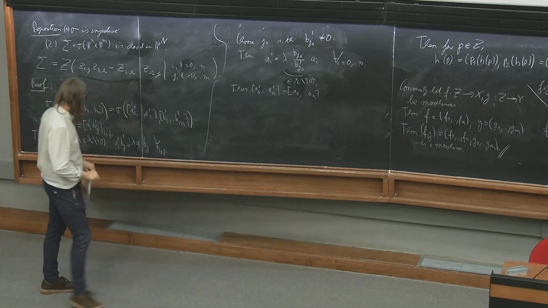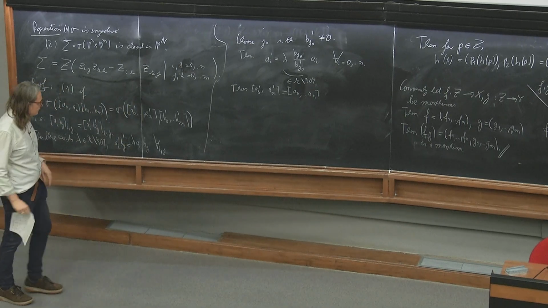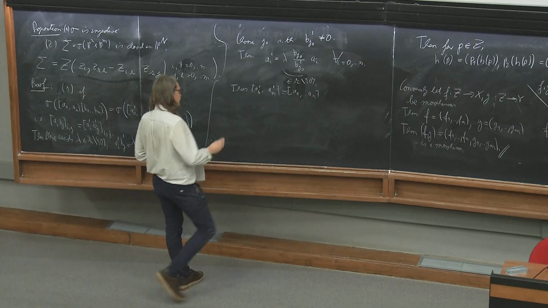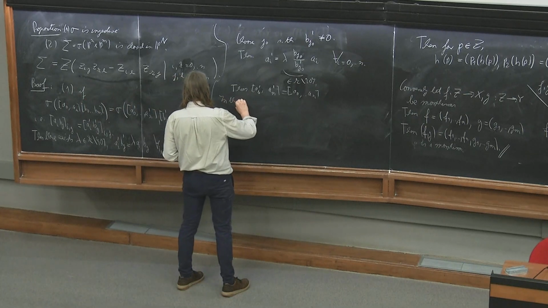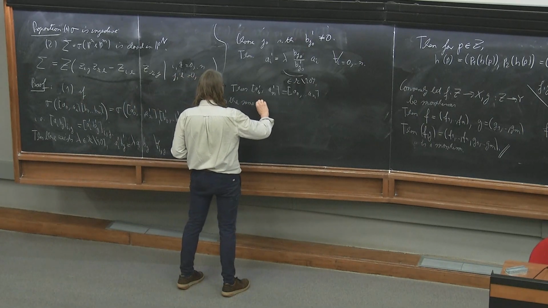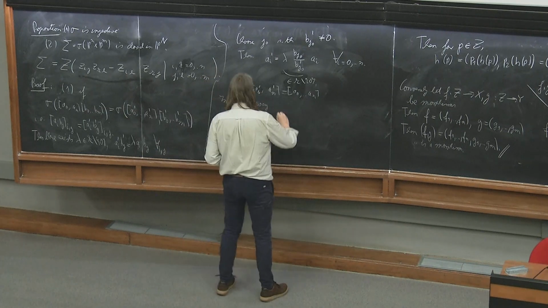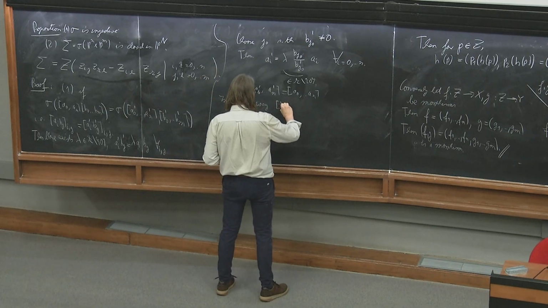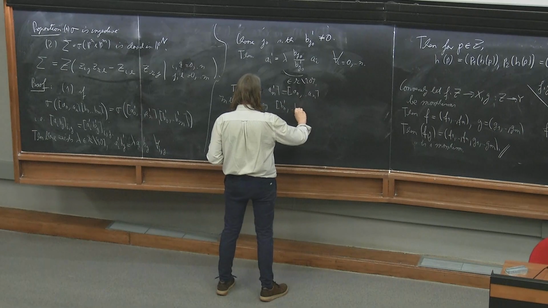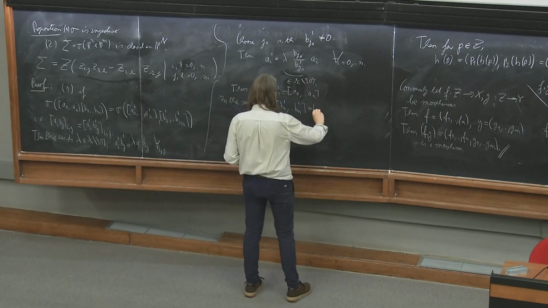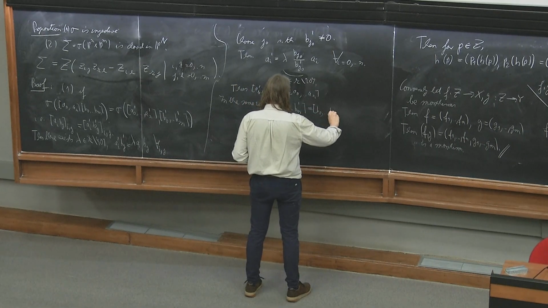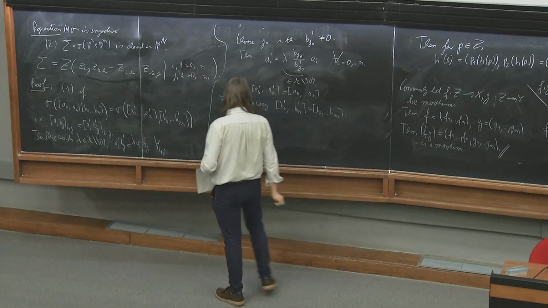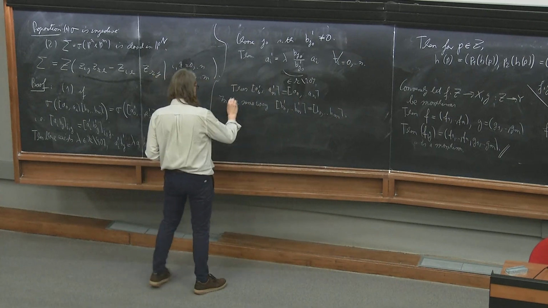Now obviously we can do the same when we interchange the roles of A and B. So in the same way, we get that B_0' to B_m' is equal to B_0 to B_m. So thus the map is injective.